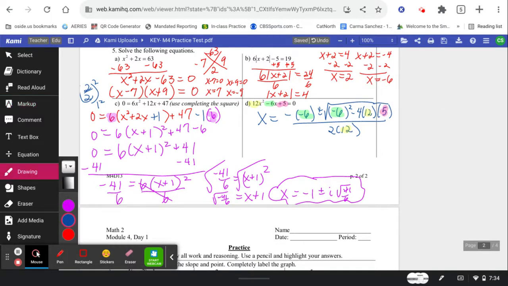Okay. Let's simplify it. I get 6 in the front. I get 24 in the denominator. And I'm left with 36 minus 240. Let's grab a calculator and see how that's going to come out. 36 minus 240 is giving me -204.